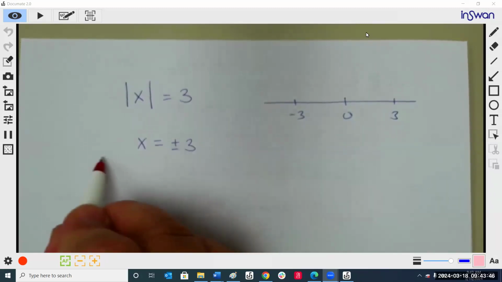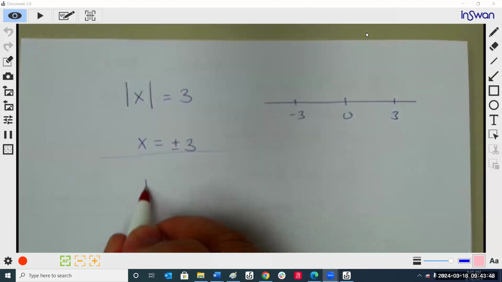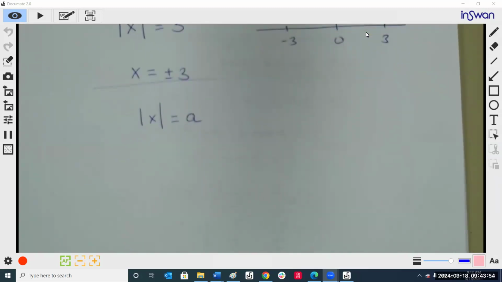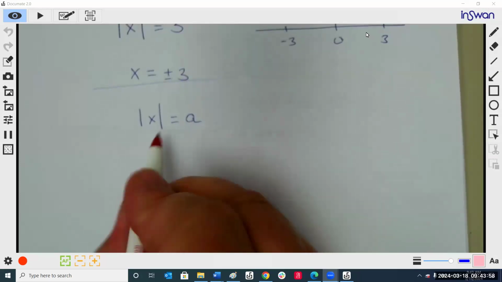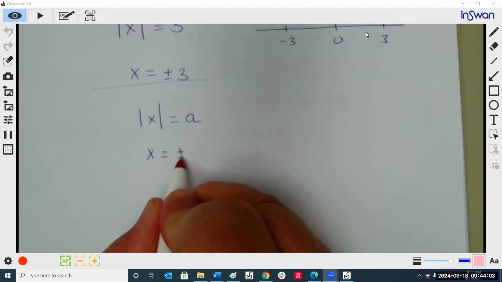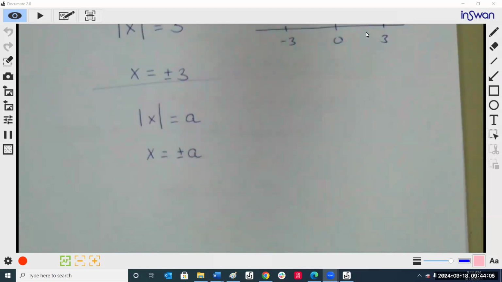So here's our first rule of solving absolute value equations. Absolute value of x equals some number a. When you drop the absolute values, you have to put a plus or minus in front of that number.